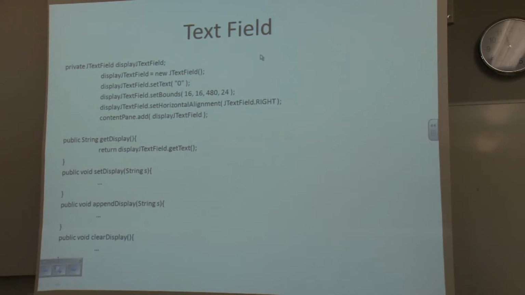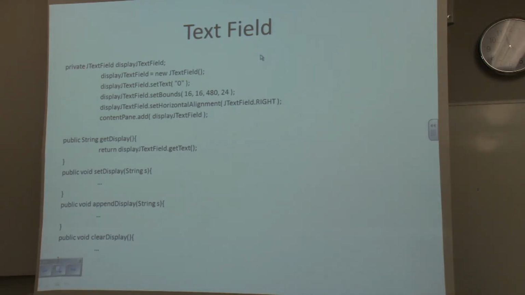Alright, okay. And then we add it to the content pane, because the text field doesn't actually go to any of the panels. It's just at the top of the content pane. So if you don't want to group them with other components, you can just leave it at the top, and it will stay at the top.